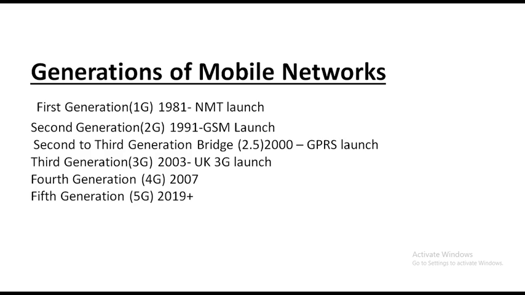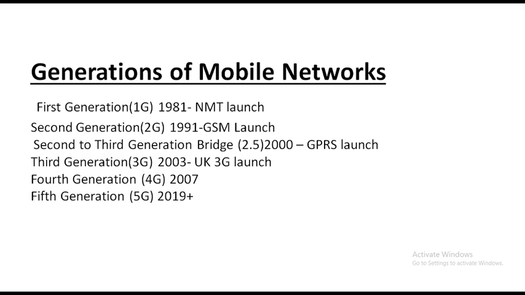And here they used another European technology called UMTS, Universal Mobile Telecommunication System. They also used WCDMA technology, which stands for wideband code division multiple access. Instead of using CDMA, in the third generation they used WCDMA.